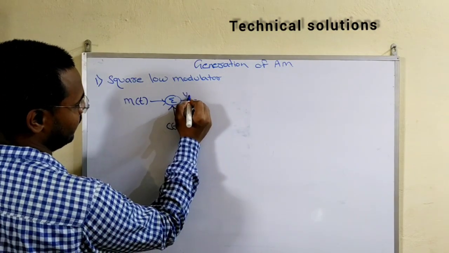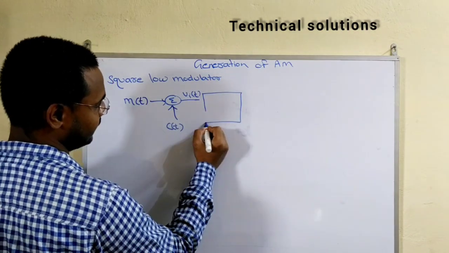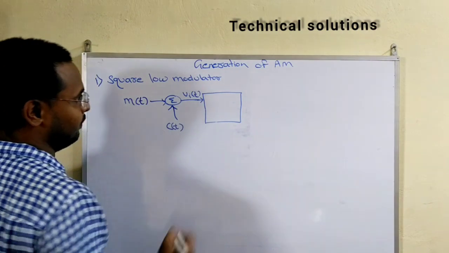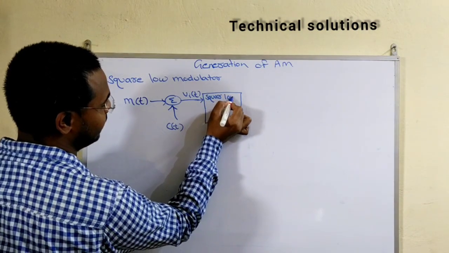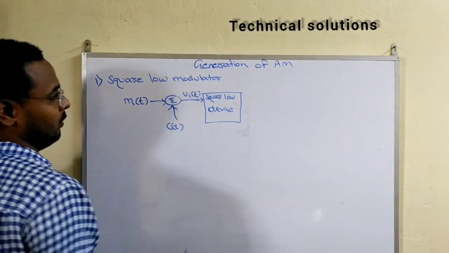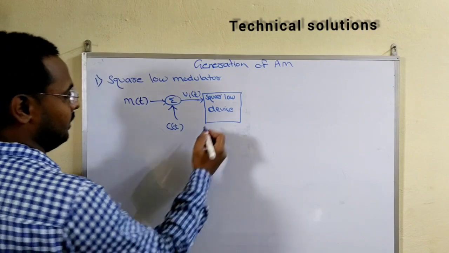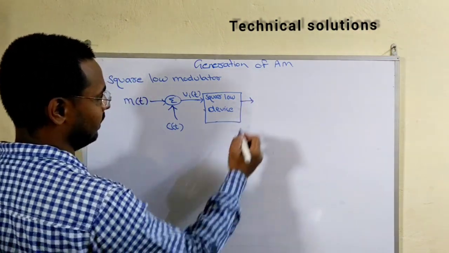This is our input VI, and this input signal is passed to a square law device. What is a square law device? That I'm discussing just after a few minutes.